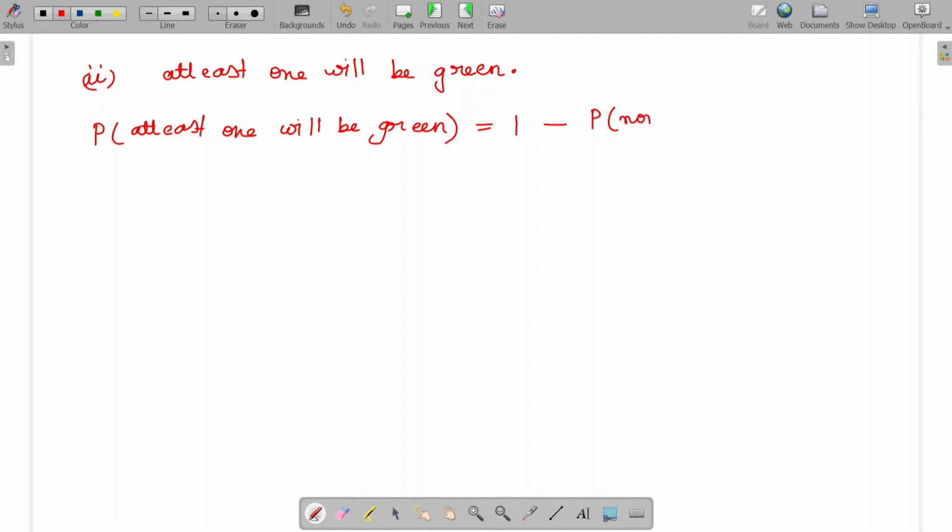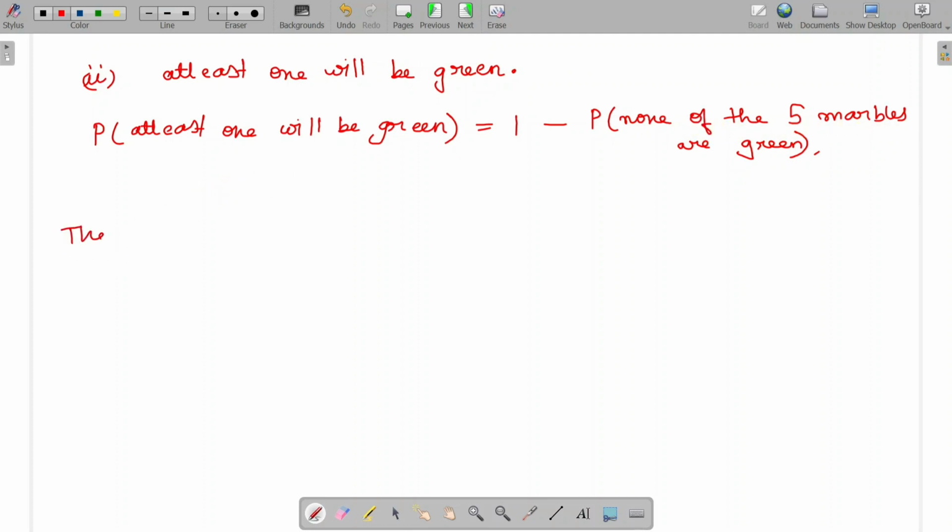Okay, none of the 5 marbles are green, right? So now what we have to find is the number of ways of selecting the 5 marbles in such a way that none of them are green.